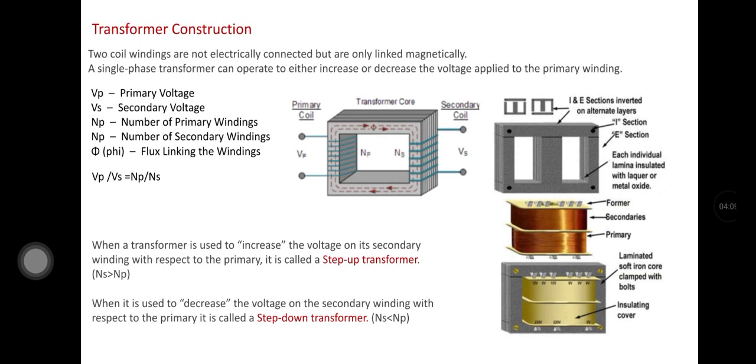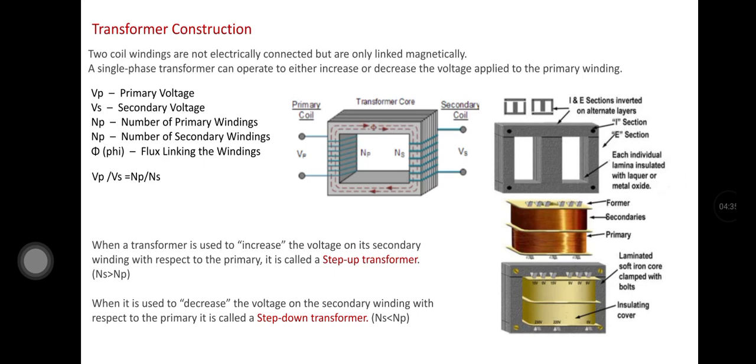So let's understand the transformer structure. The two coil windings are not electrically connected but are only linked magnetically. A single phase transformer can operate to either increase or decrease the voltage applied to the primary winding.